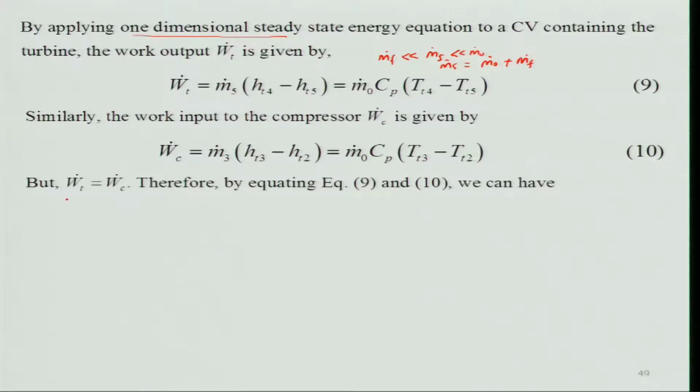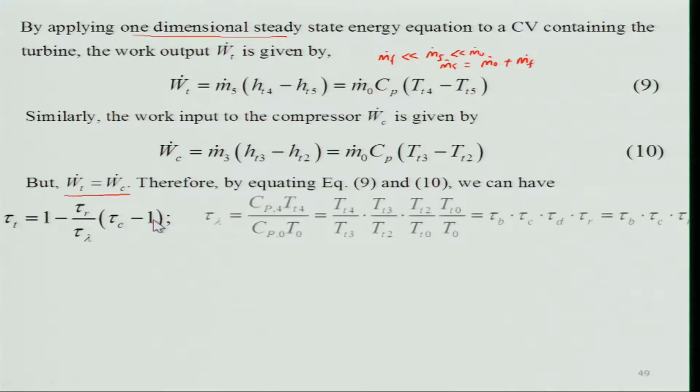And when we equate these, the work done by the turbine being the same as the work taken by the compressor, we get the expression tau T is equal to 1 minus tau R by tau lambda, in the bracket tau C minus 1. Keep in mind that we can express it in terms of tau lambda, because that is how much heat is being added, the total enthalpy at the exit of the combustor divided by the enthalpy entering the engine, right?